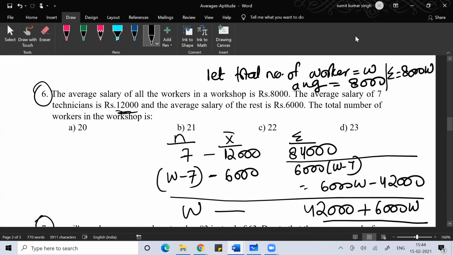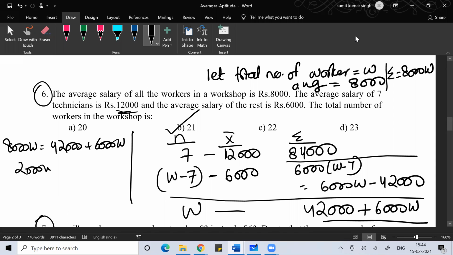And the total you know is 8,000 W. So you solve this, you get the answer as 21. Simple. So 8,000 W is equal to 42,000 plus 6,000 W. So 2,000 W is equal to 42,000.